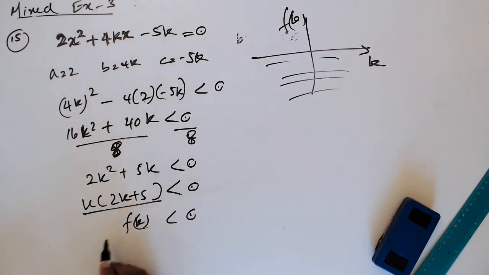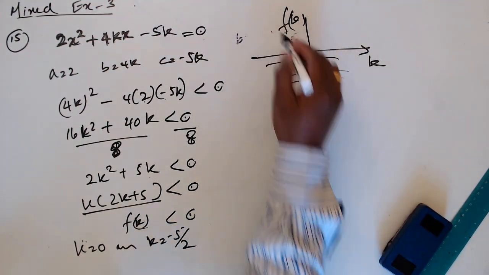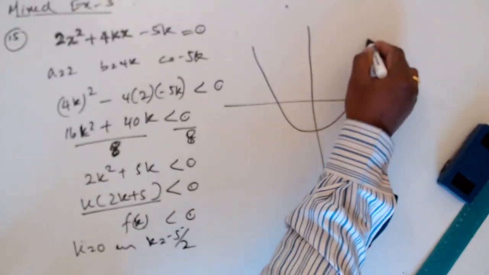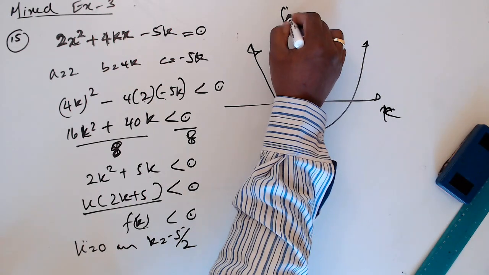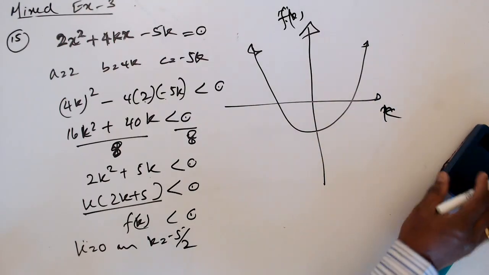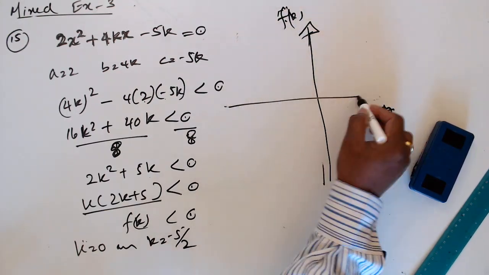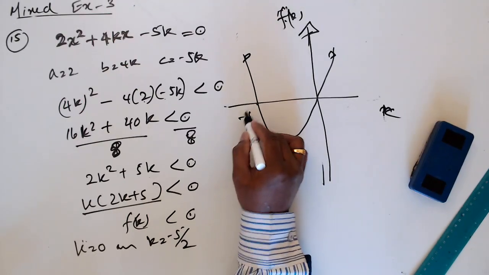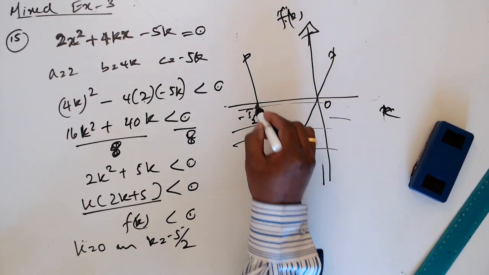This is a quadratic equation. The roots are k equals 0 or k equals minus 5 over 2. This is minus 5 over 2 and this is 0, and f(k) is negative in this area, and this is the curve.